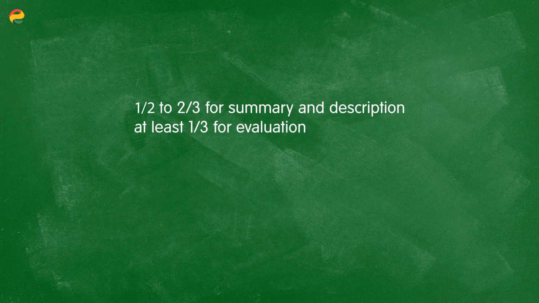Now, generally, 1/2 to 2/3 of the review is going to be taken up by summaries and descriptions. The last 1/3 of the main body, or of each paragraph in the main body, is going to be used for evaluation.